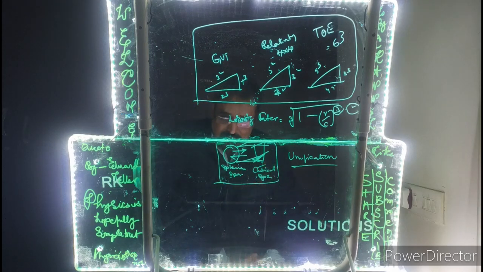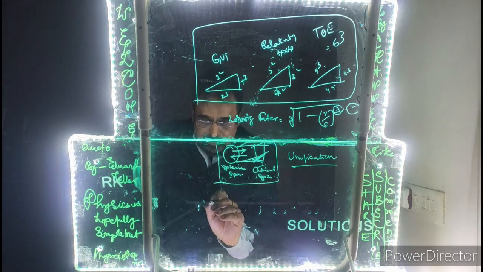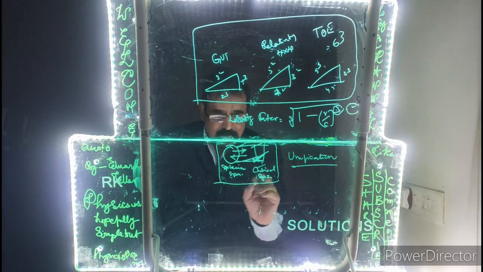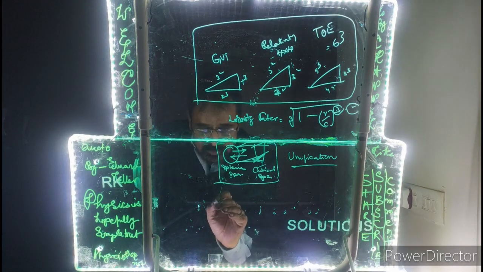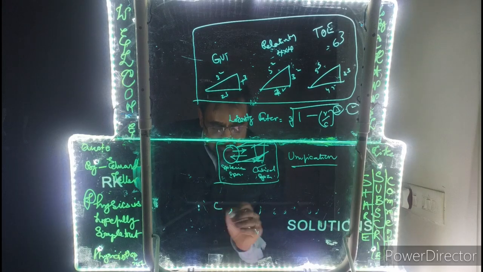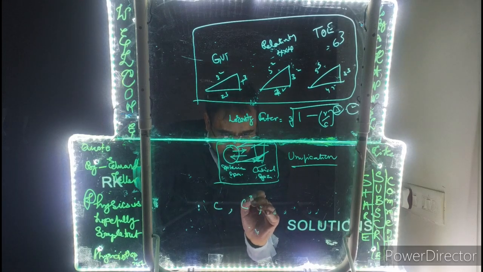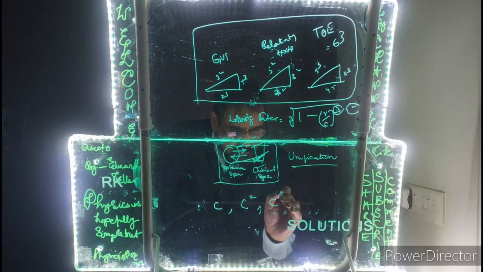How can we achieve that? Simply taking the powers. Let's say, in terms of speed of light, c, let's say there is c squared and c cubed.